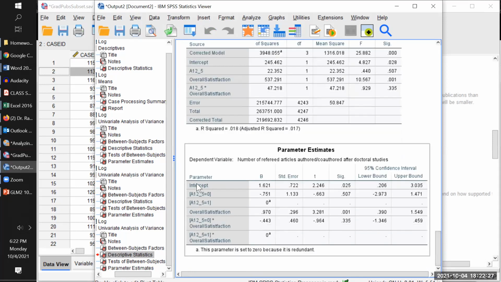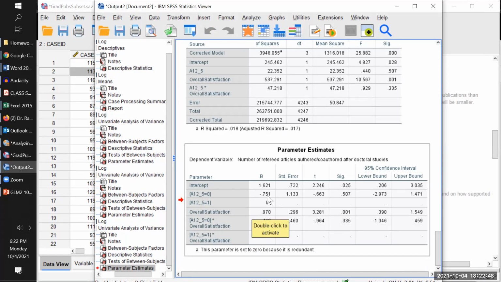Let's look here. We have an intercept, which represents people who are paid to do research, and an overall satisfaction that's low. So when overall satisfaction is 0, there's a difference between these of not even quite a publication.